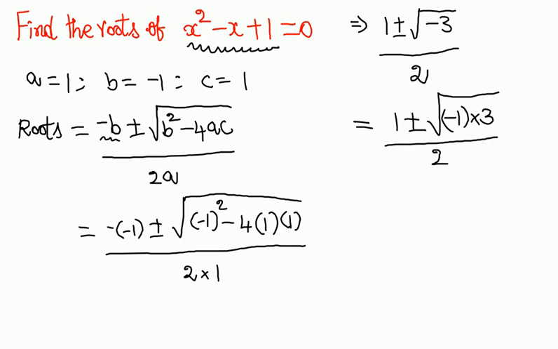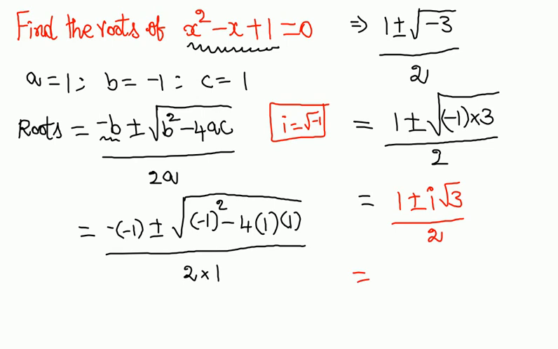So the square root of minus 1 is i, where i is an imaginary number. So its i square value is equal to minus 1, or i is equal to square root of minus 1. It is an imaginary number. So here the square root of minus 1 I am taking as i. So 1 plus or minus i into root 3 whole divided by 2.